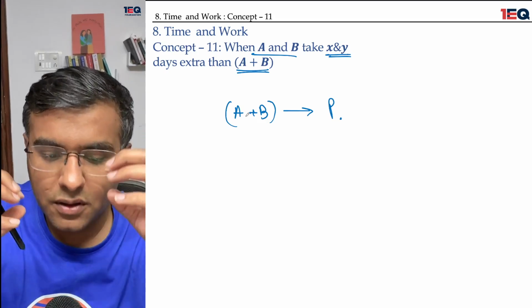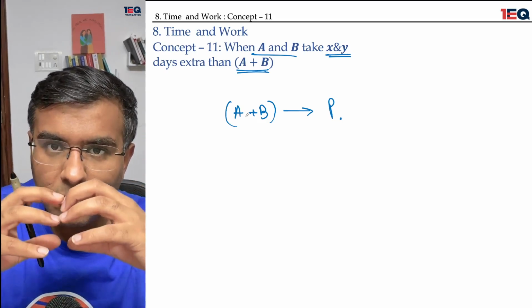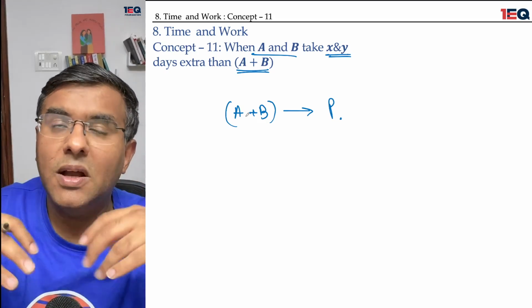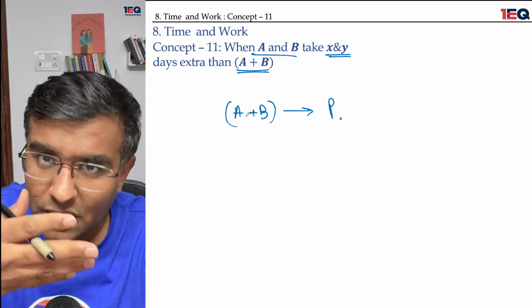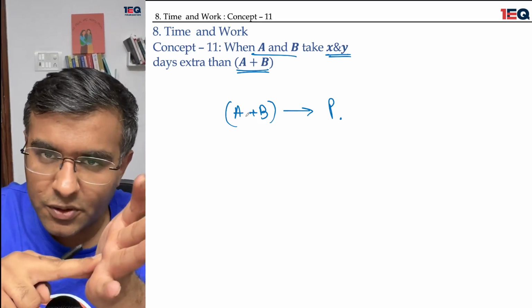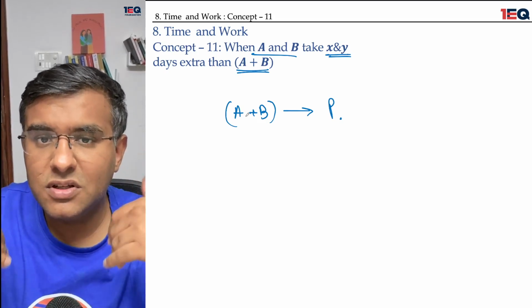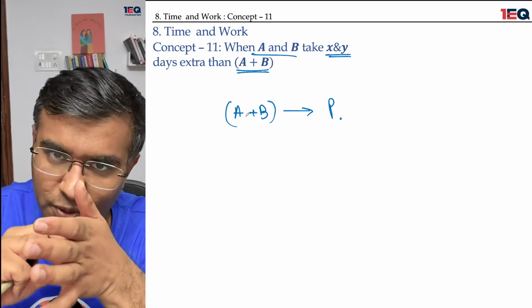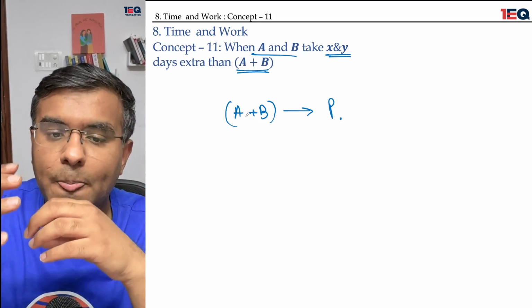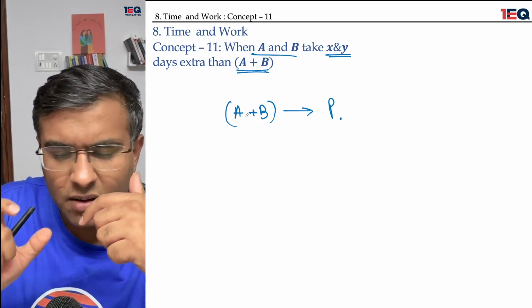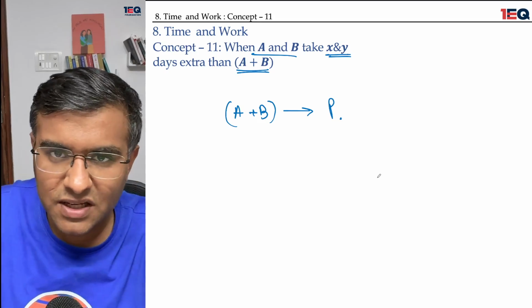But if one of them alone goes to work, he's going to take more time as compared to them together, because when two people work together, they do the job faster. But they would do the work in a number a little higher than the one which was done previously.